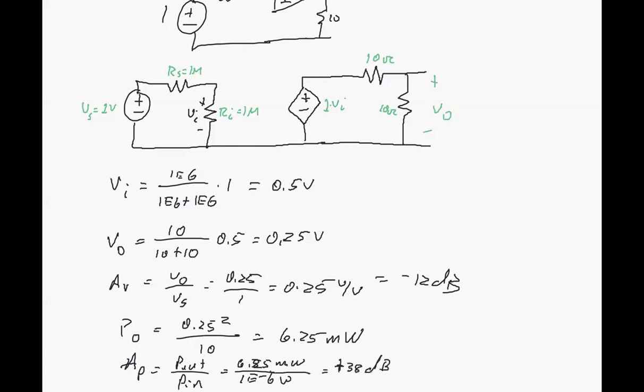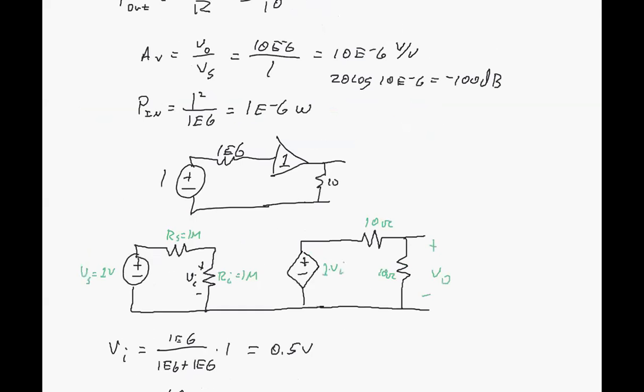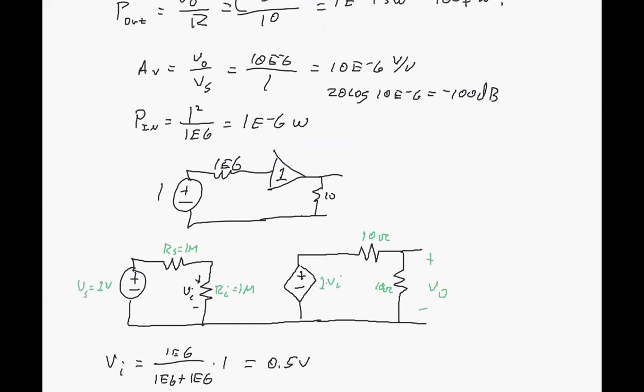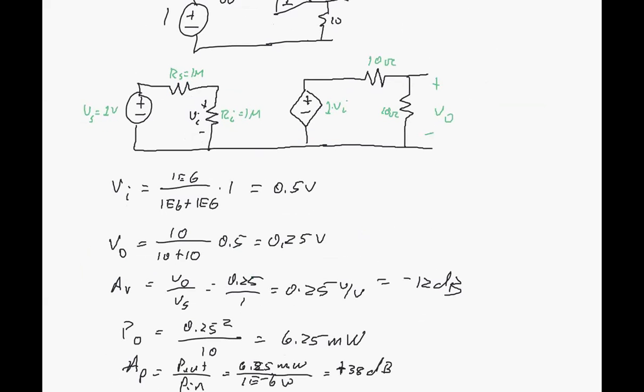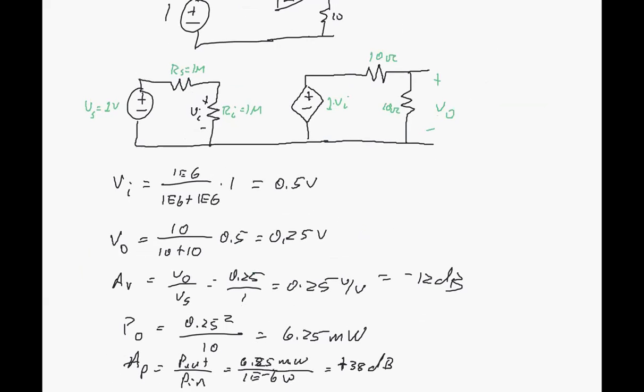So we went from losing a tremendous amount of voltage to not losing near as much, only 12 dB. We still lost something, but it's not near the kind of disaster that we had.